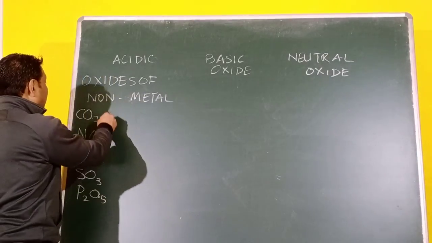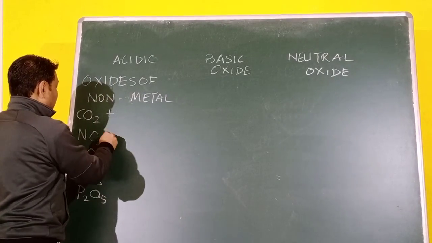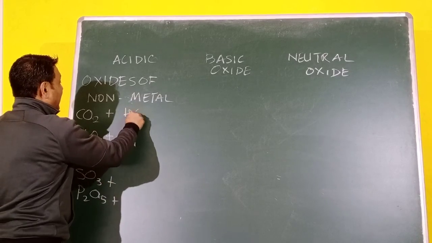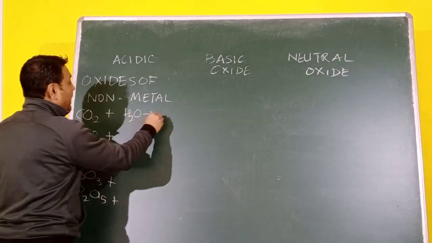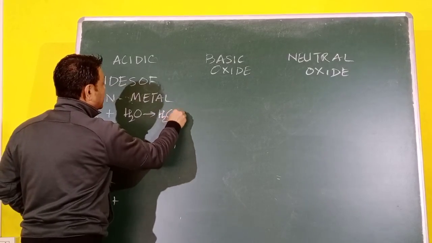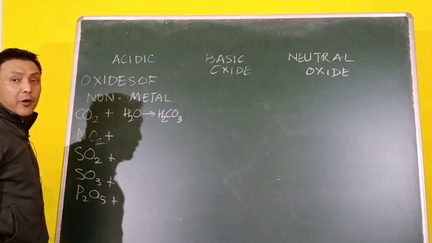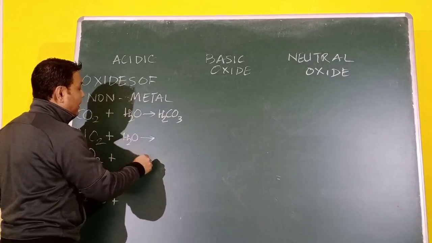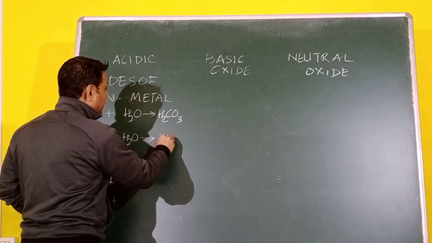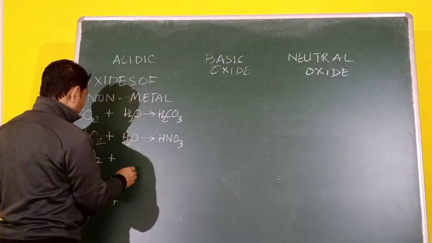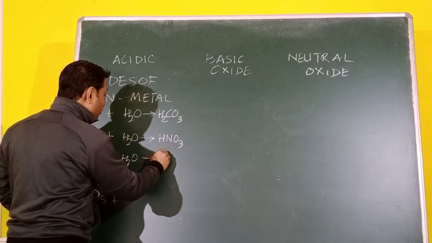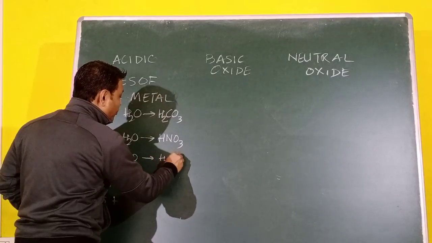Why? Because they dissolve in water to form acids. Carbon dioxide forms carbonic acid, H2CO3. Nitrogen dioxide, in the presence of oxygen and water, produces nitric acid, HNO3. Sulfur dioxide plus water produces sulfurous acid, H2SO3.